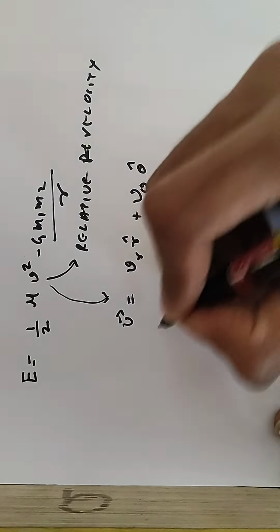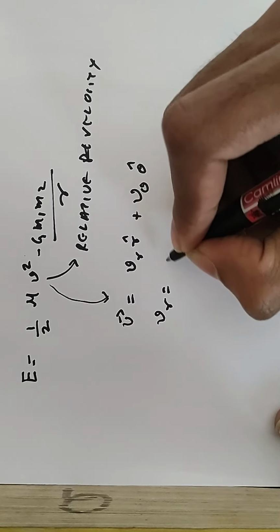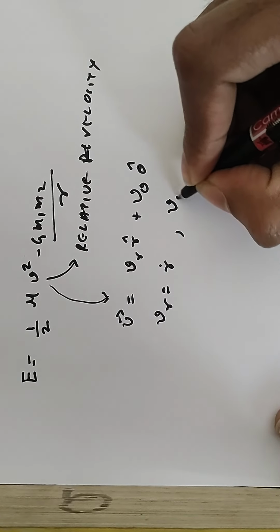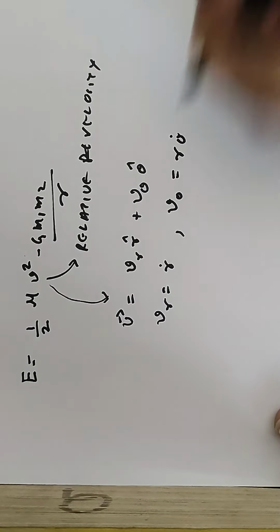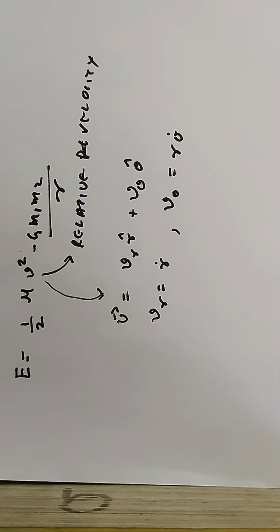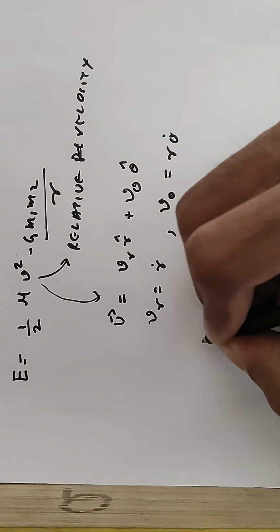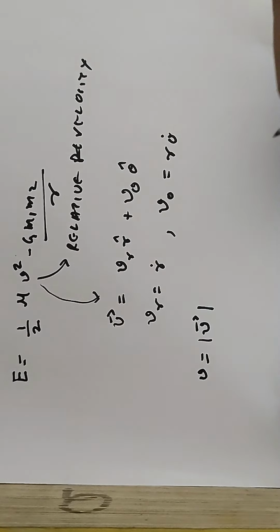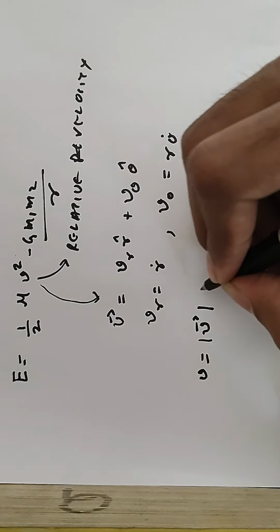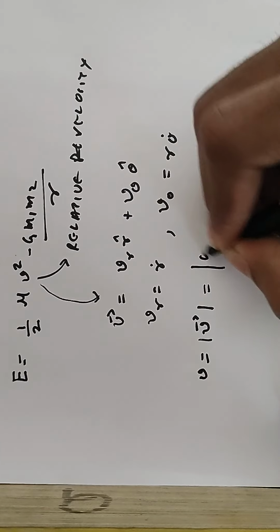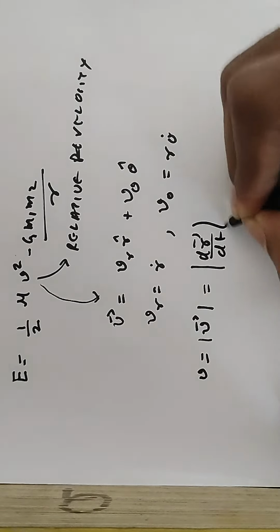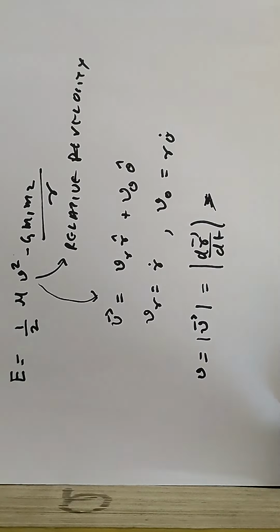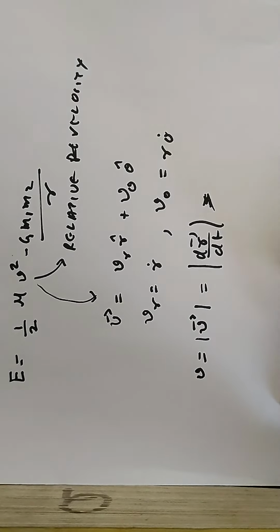It is easy to see that the radial component of velocity is r dot, and the theta component of velocity is r theta dot. Now the magnitude of this vector, which is simply represented by V, is written in differential form. Nothing interesting, just writing what I know.